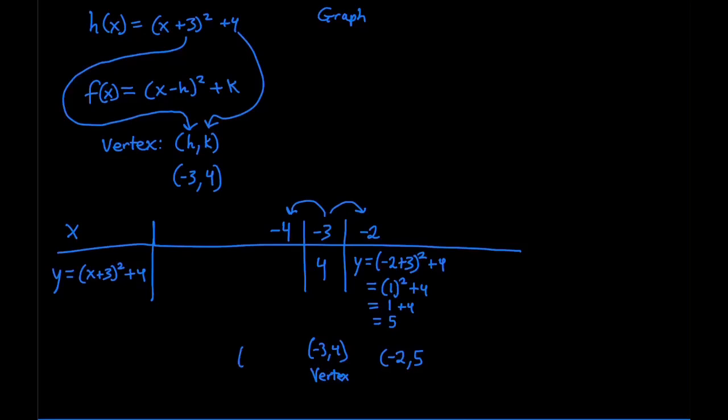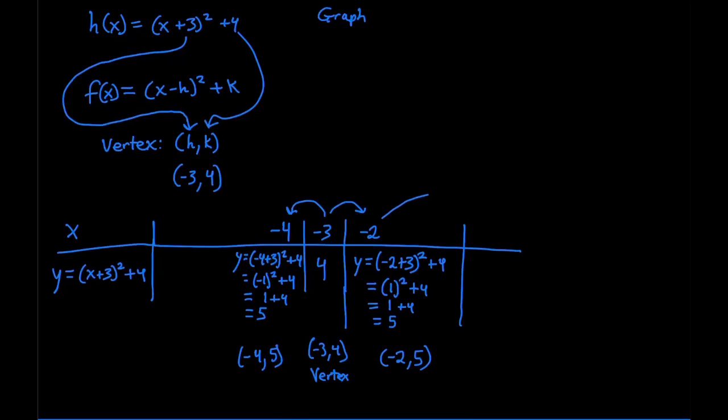And that means that the negative 4 here will have the same y-coordinate as the negative 2 because of the symmetry of the quadratic function. And with the negative 4, you could always check. You could still plug it into the equation and make sure you got the same y-coordinate. This will be negative 1 squared. And negative 1 squared is 1, which makes this 5 when you add the 4 to it.